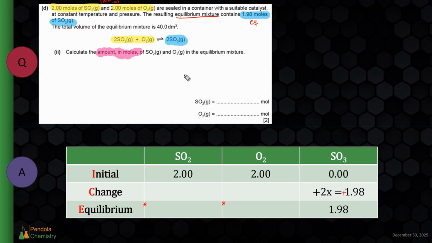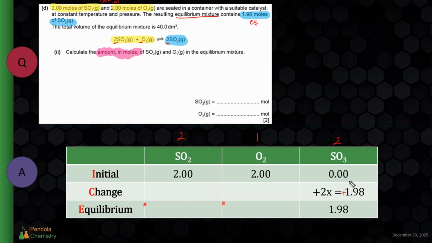Why? If we look at our reaction equation, we have 2 moles of SO2 react with 1 mole of O2 to create 2 moles of SO3, meaning that there is a 2 to 1 to 2 ratio between SO2, O2, and SO3.